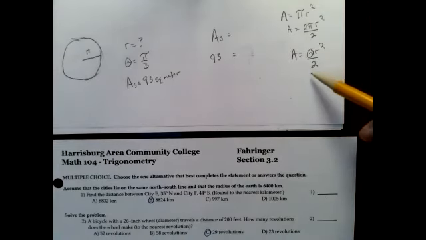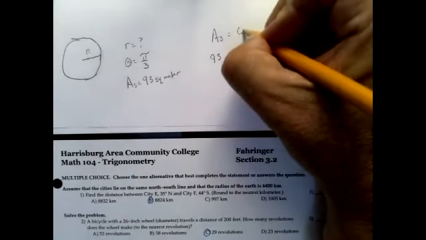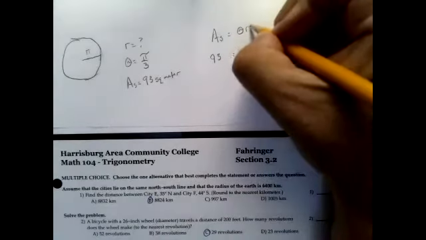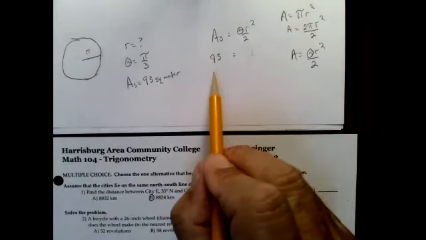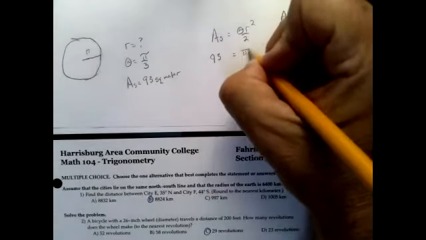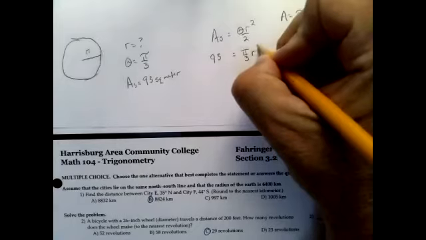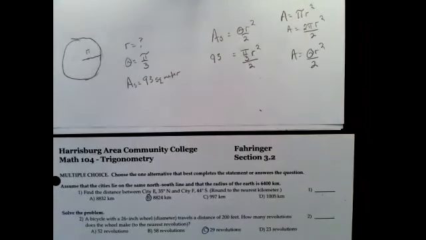So I apologize for that. The area of a sector is theta r squared divided by 2. So it's going to be 93 equals theta, which is pi over 3, times r squared divided by 2. Sorry about that, folks.